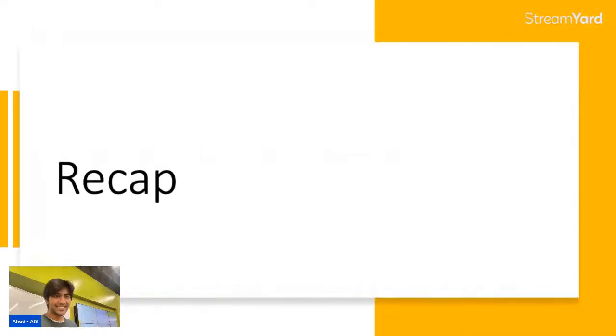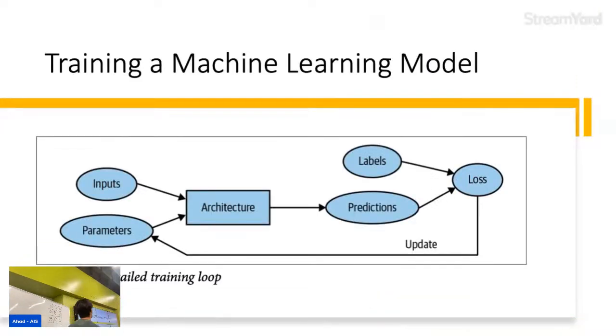Okay, so I'm going to be covering a recap of the main things we learned so far. I'll just bring back this diagram if y'all are familiar. It's basically an overview of how you train a machine learning model.